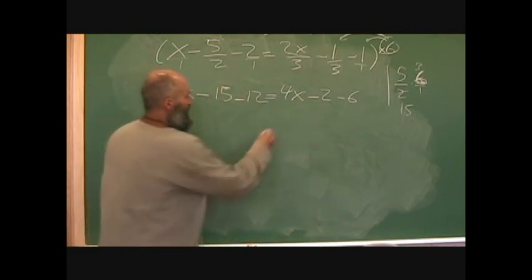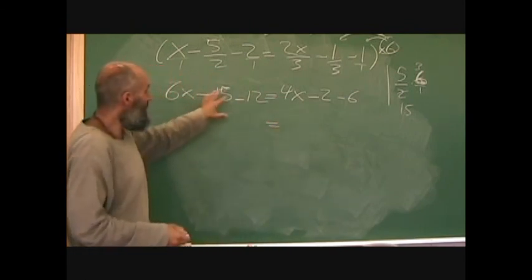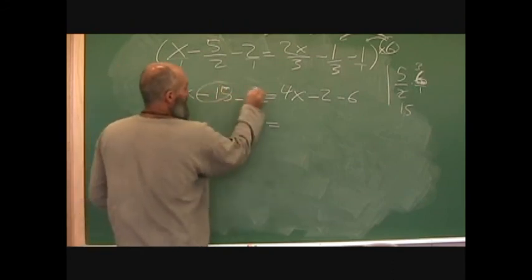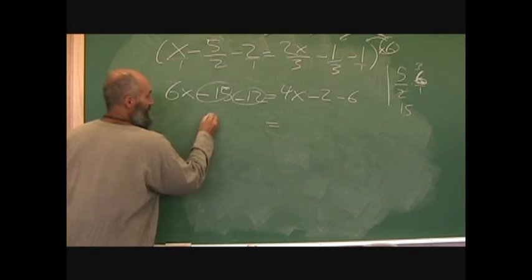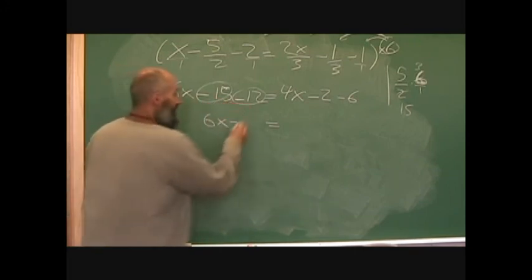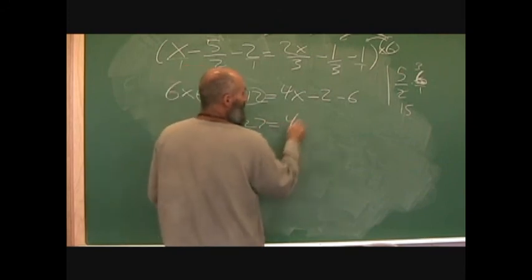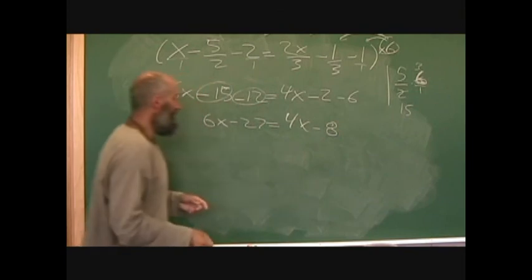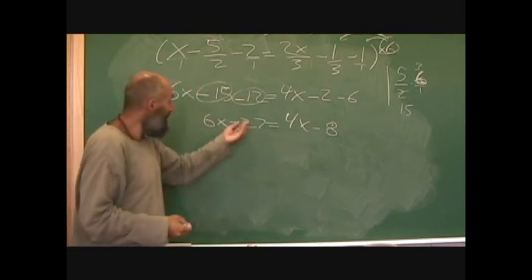What you're going to do now is, again, line up your equal sign and combine your like terms on either side of the equation. So this is going to add to this. This is just going to be 6x minus negative 15 minus 12 is negative 27. 4x minus 8. Now bring all your x's to one side of the equation.